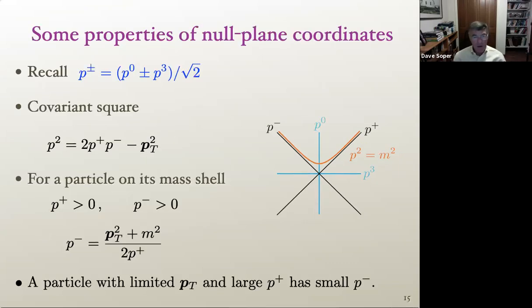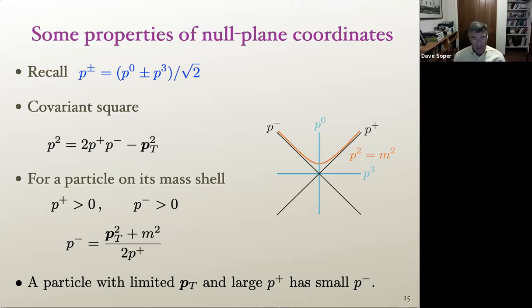So let's look at some properties. P squared is twice p plus p minus, minus p transverse squared. And for a particle on its mass shell, p plus always has to be positive and p minus is always positive if p squared is positive, just like in this picture here. And if I solve this equation we have up here for p squared, then p minus is (p perp squared plus the mass of the particle squared) over 2p plus.